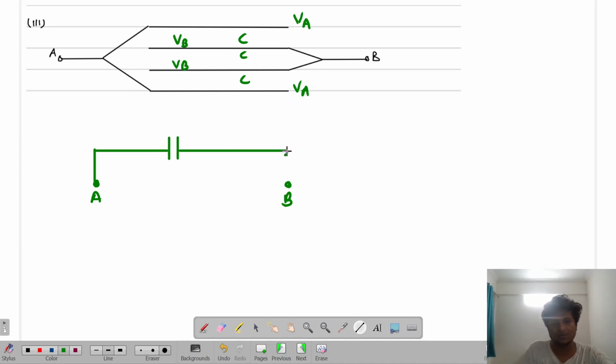I started from this point, I came over here. But then I found that these are at the same potential. So then this capacitance will become how much? Zero. Because at the same potential there is no capacitance, no current. There are only two. Got the idea?